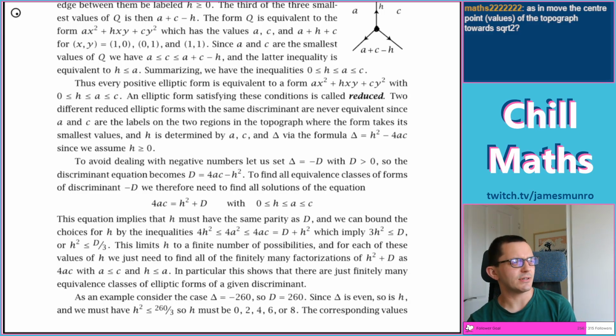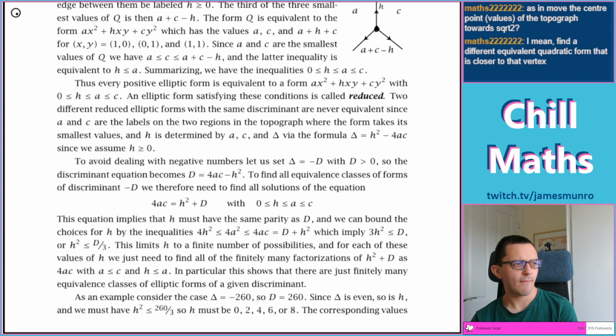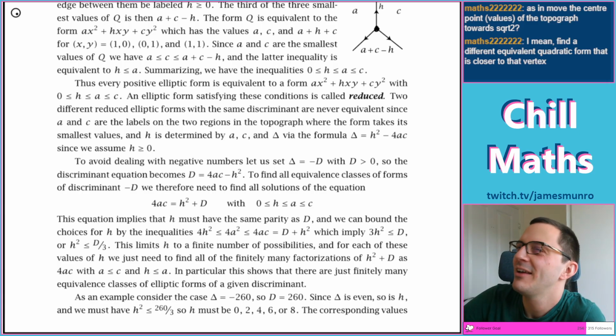Oh, that's quite clever. Okay. Right, what happens if you transform a quadratic form so that the centre point, I don't know. What happens if you send it over there?